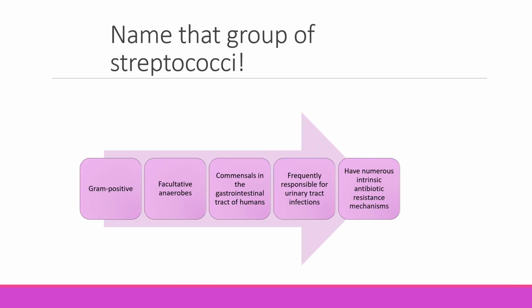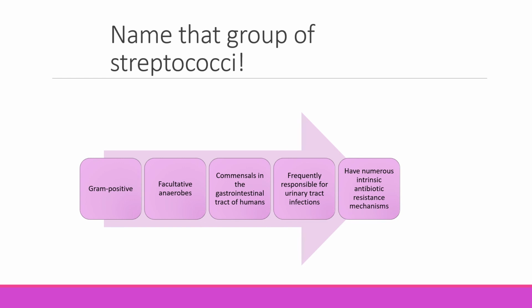We're coming into the home stretch here. And we have one more group of streptococci. Can you name it from these clues? Now, this group of streptococci was initially called Group D, but there are 17 species collectively, and they have been reclassified as this type of streptococci.